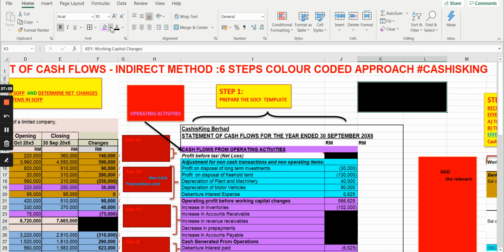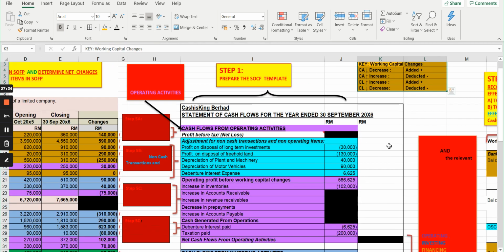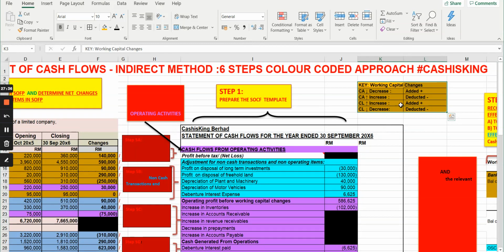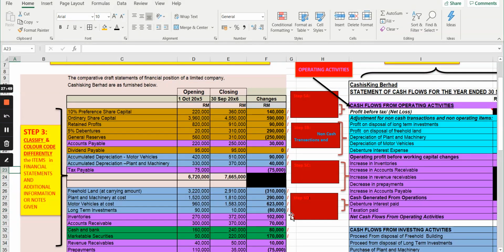I explained in my previous video regarding what caused the changes. But here at the moment, if there is a decrease, you need to add back. But here it is an increase. So increase, you need to go and deduct. So I deduct the increase in inventory. So if you go and investigate further, let's just go and do it. We have done this for our inventories.